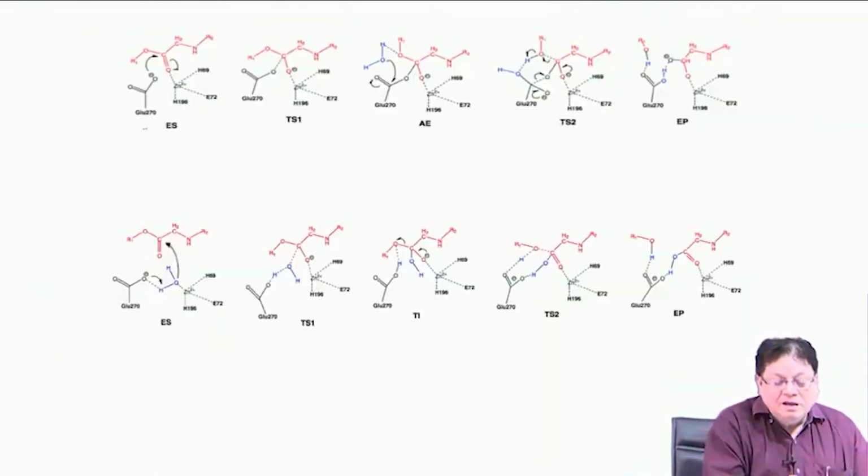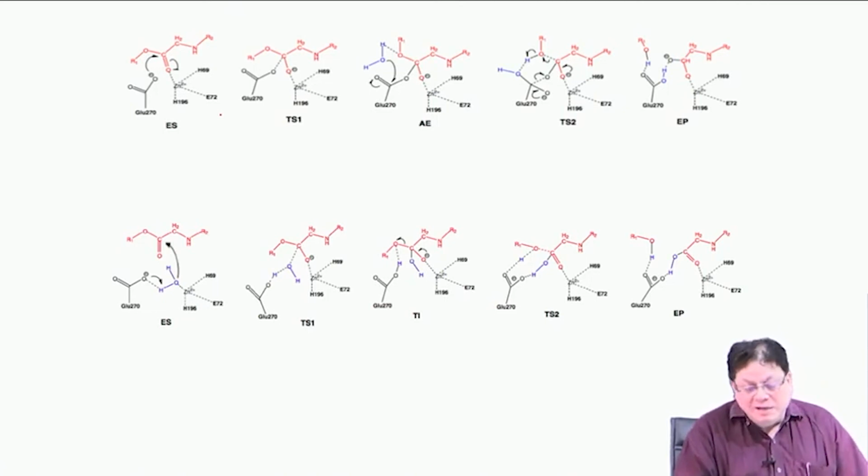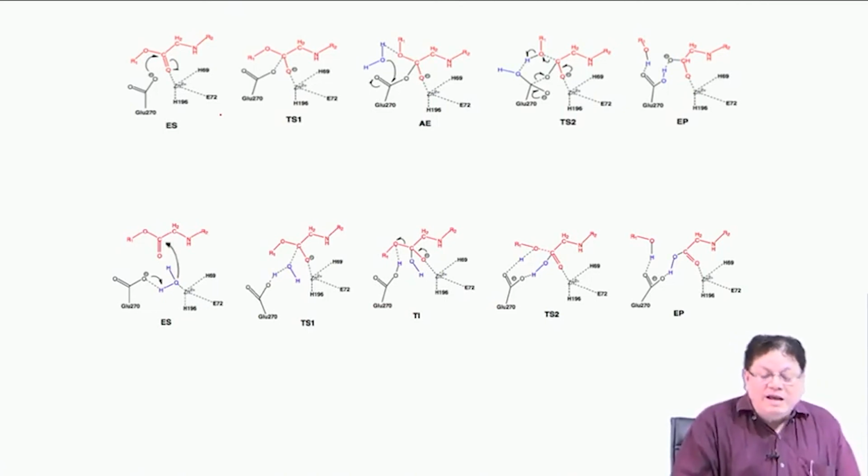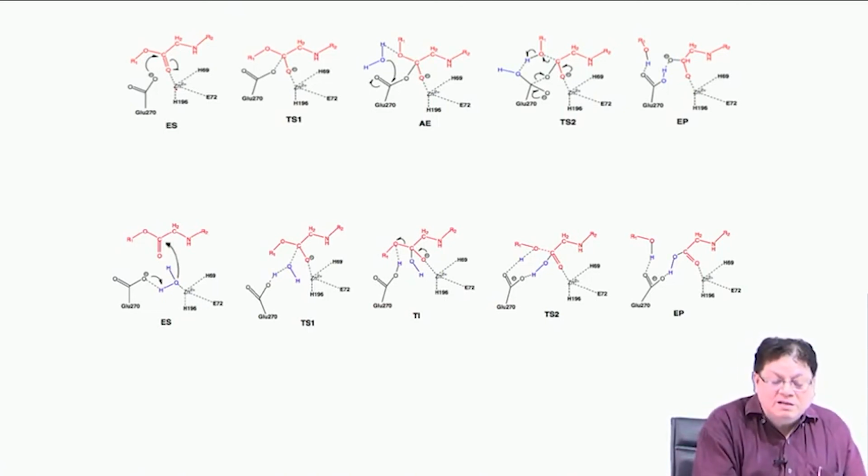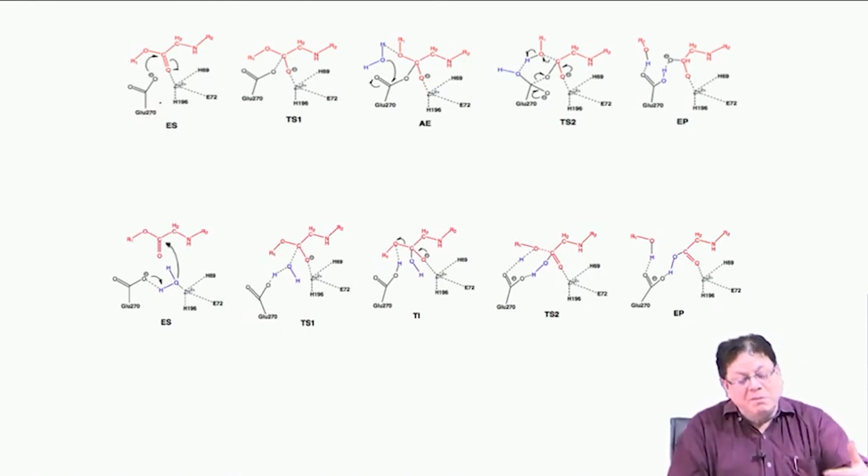Now, this is what is called metalloproteases. I told you that in that case a metal ion activates the carbonyl. So, this is a metal ion mechanism, and there are actually 2 types of metalloproteases.